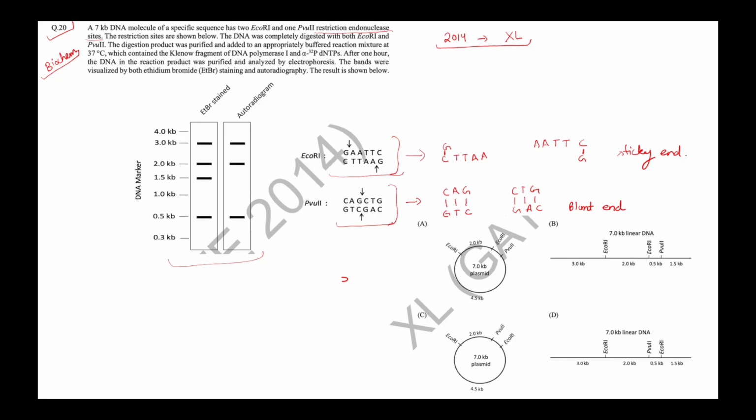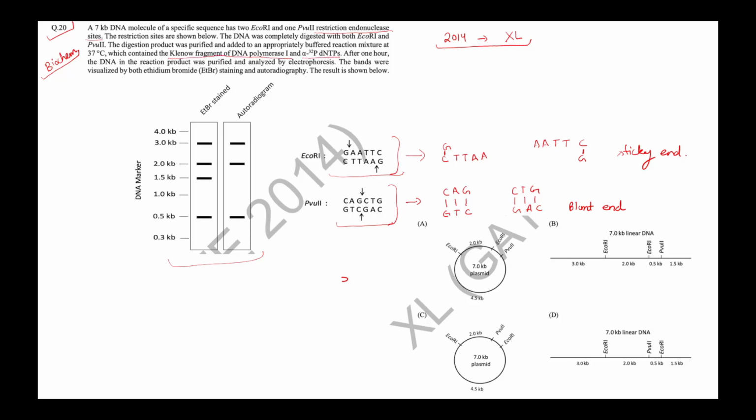Now let's talk about what they have done. They have a certain DNA molecule of a certain size, they have digested it with these two enzymes, and after the digestion they have put the product under such conditions where they have provided the Klenow fragment of DNA polymerase and alpha 32P labeled dNTPs.